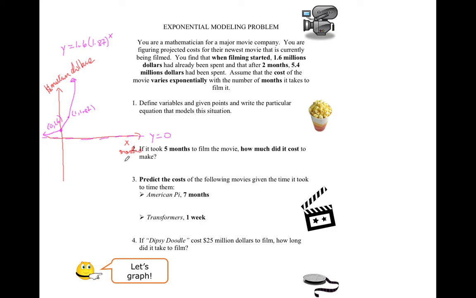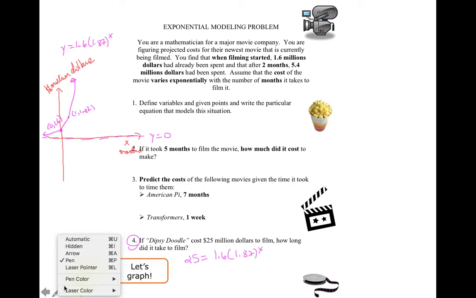So, since you have your calculator, the easier way to answer this question, you still have to show me 25 is equal to 1.6 times 1.87 to the x. You still need to show that to me. But you can use your calculator. And into y2, graph the line y equals 25. And use your intersect function.